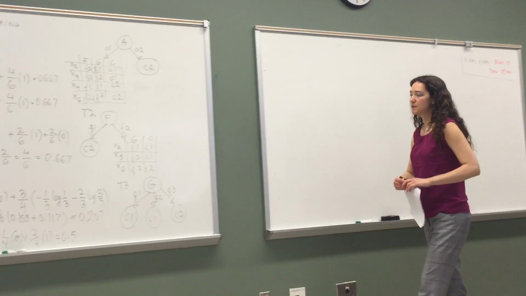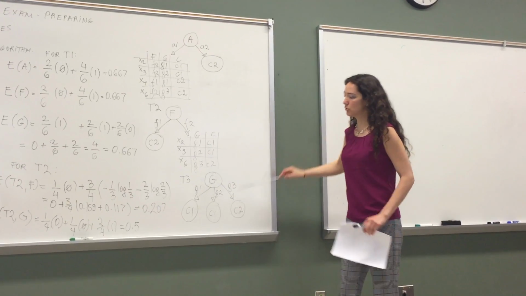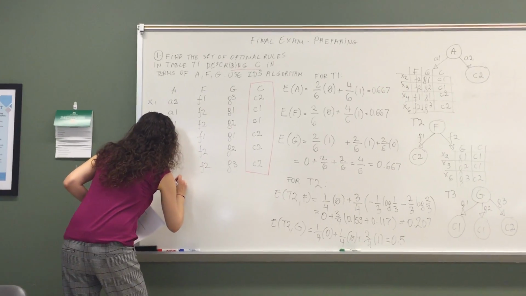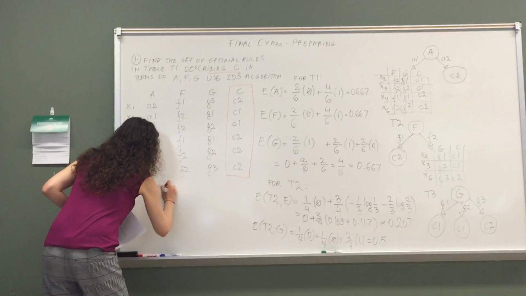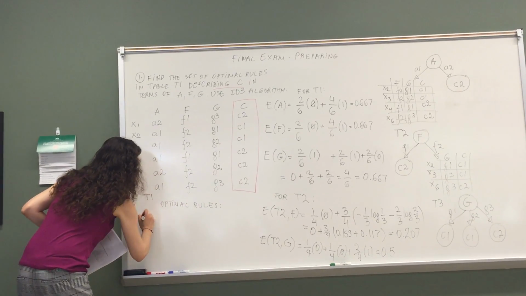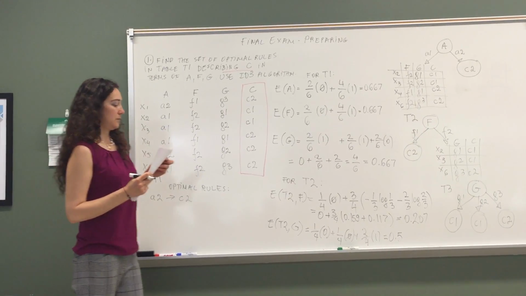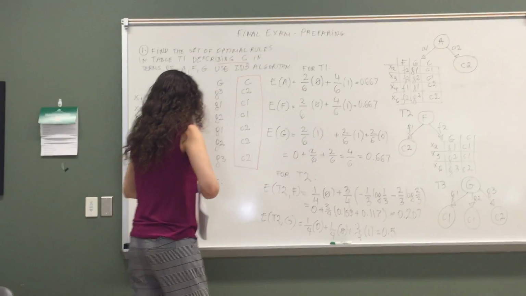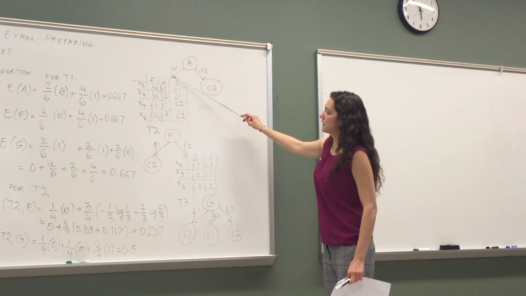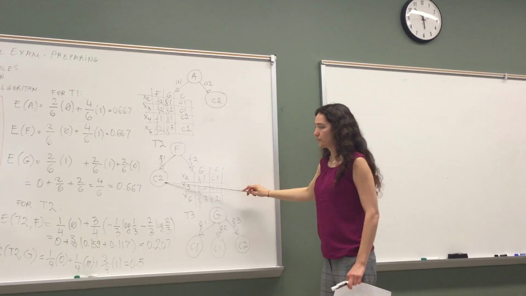So by traversing the tree, we're gonna write the rules. The first rule is if A is 2, C is equal to 2. This is what our tree is telling us. The next rule is if A is equal to 1 and F is equal to 1, then C is equal to 2.